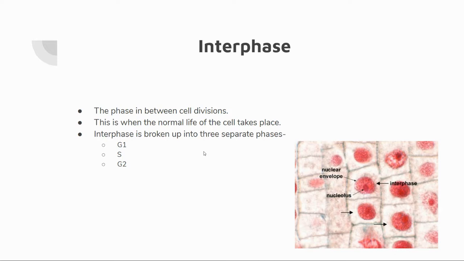This is when normal life of the cell takes place. Interphase is broken up into three separate phases. So you have G1, S, and G2 phase. And each of those phases plays an important role. And some of it is just the cell living its normal life. Some of it is when the cell is going to be preparing for the M phase.